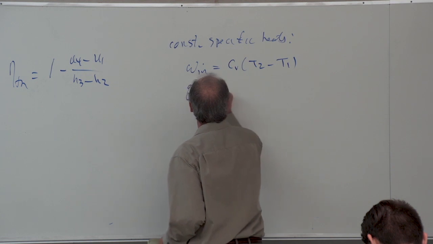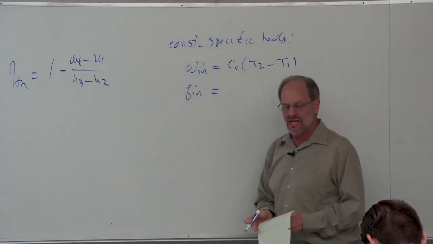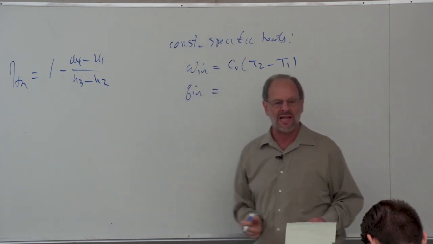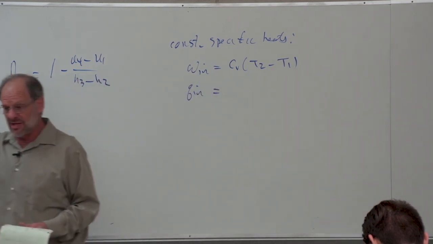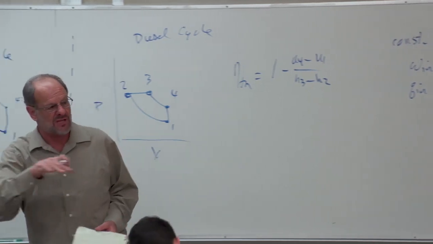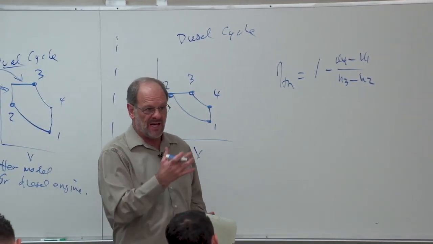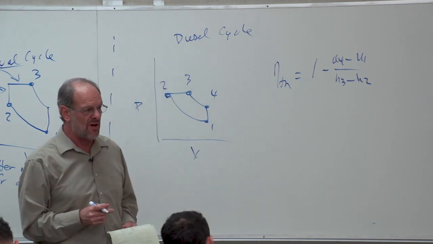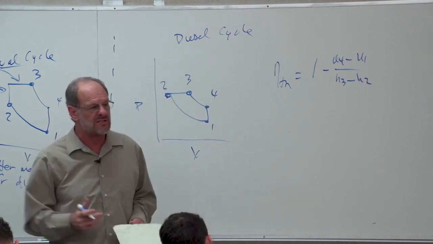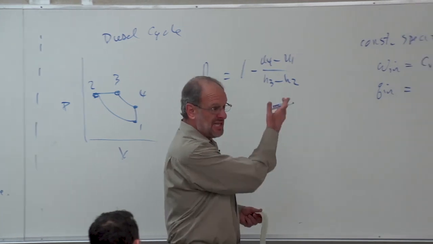If we look at the heat input term, well, we saw last time that it would be the internal energy change plus the boundary work, right? W sub B, in case you didn't know what that meant in your notes from last time, is boundary work. In other words, there's going to be the internal energy change plus pressure times change in volume, and we just combine for a constant pressure process, which is the heat input process, right?